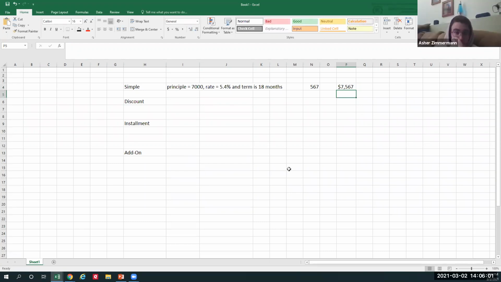Okay. Shasta, can you explain what a discounted note is just in general? What is it? It's when you take the principal of what you pay and you subtract your payment each time and then you calculate it.